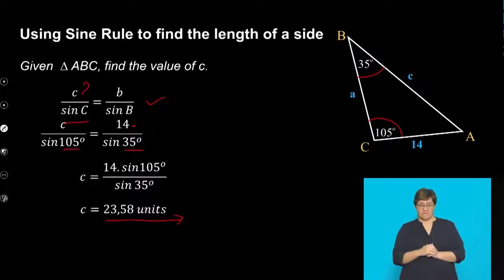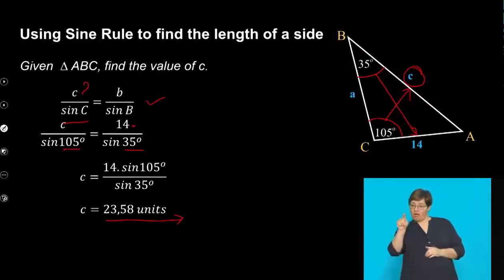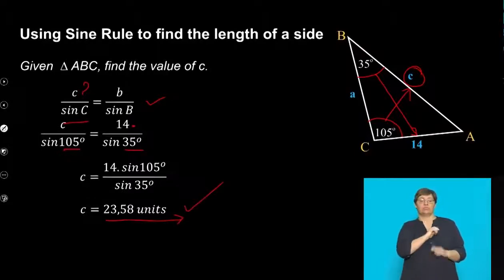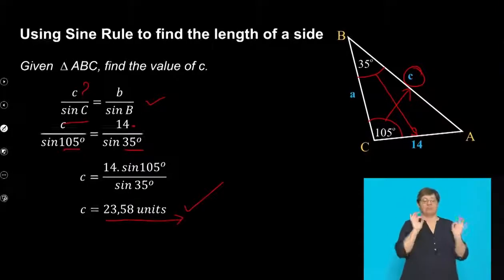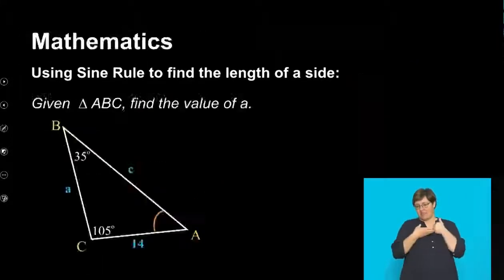So the side across this, we expect to have a smaller value than the side across this. In other words, we expect c to be bigger in value than 14. And if you look at our answer, c is quite a bit bigger than 14. It's almost 24 units. So that's how we check to see if our answers make sense in the context of a diagram. You don't need to do this, but it's a useful tool to check.